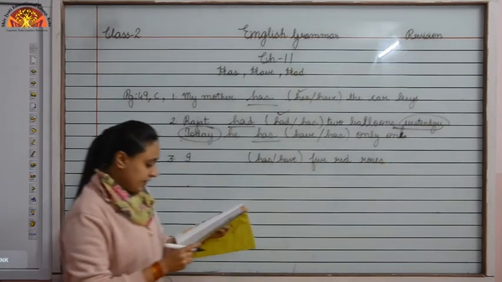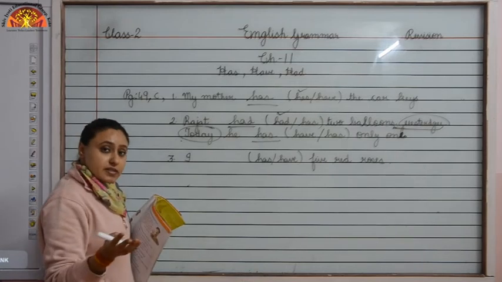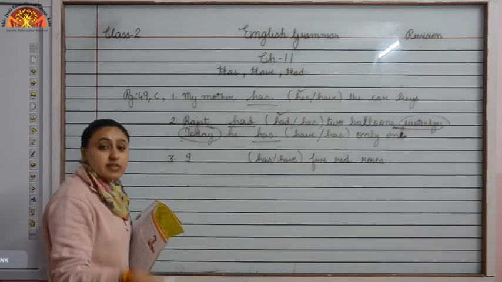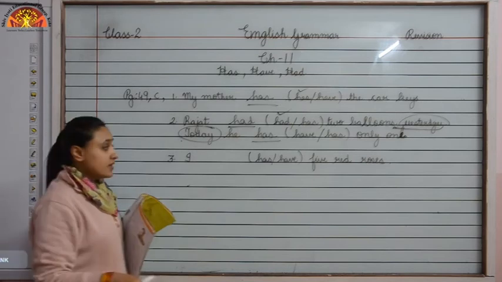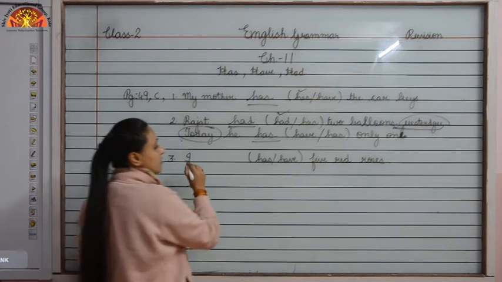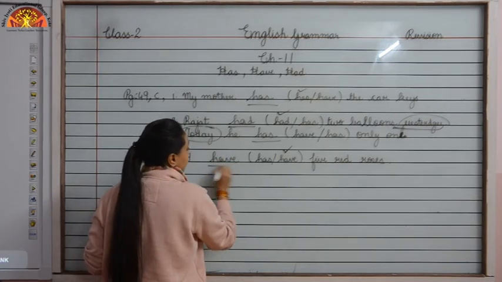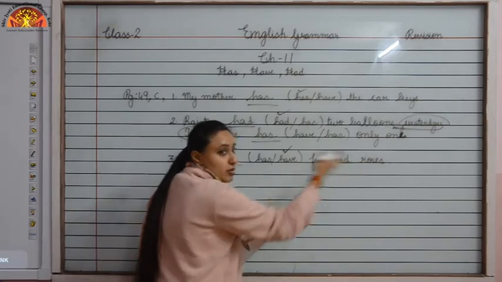So children, here, is this sentence of past tense or present tense? This sentence is of present tense, and in present tense we always use have with I, okay. So I have 5 red roses, okay.